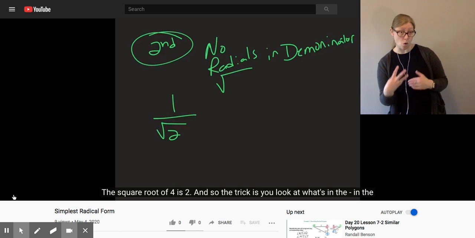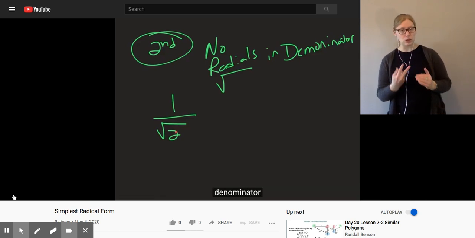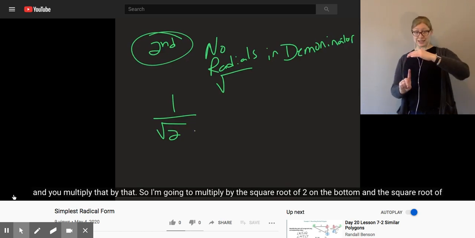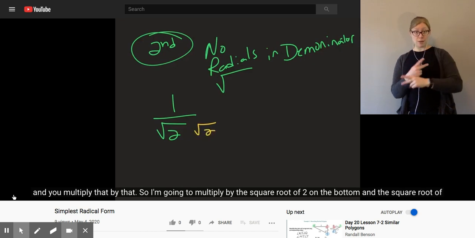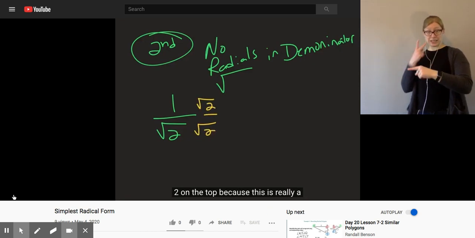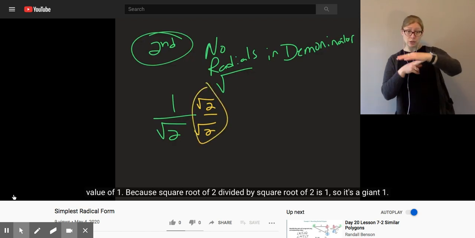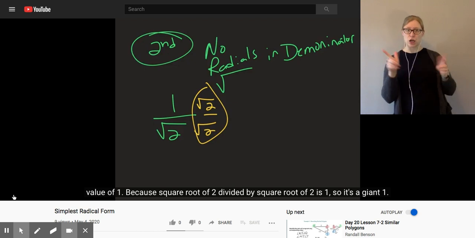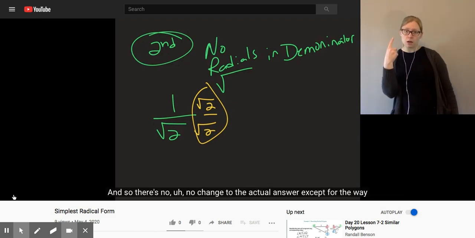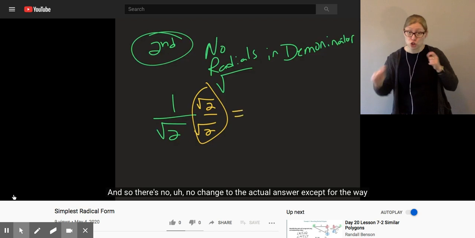And so the trick is, you look at what's in the denominator, and you multiply by that. So I'm going to multiply by the square root of 2 on the bottom and the square root of 2 on the top, because this is really a value of 1, because square root of 2 divided by square root of 2 is 1. So it's a giant 1. And so there's no change to the actual answer except for the way it looks.